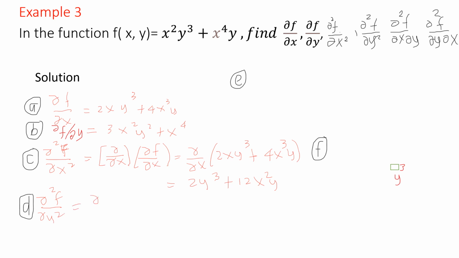So partial of y times partial of f partial of y equals partial of y times 3x squared y squared plus x fourth, equals 6x squared y.